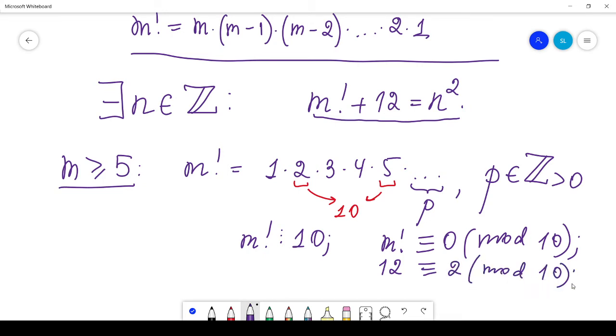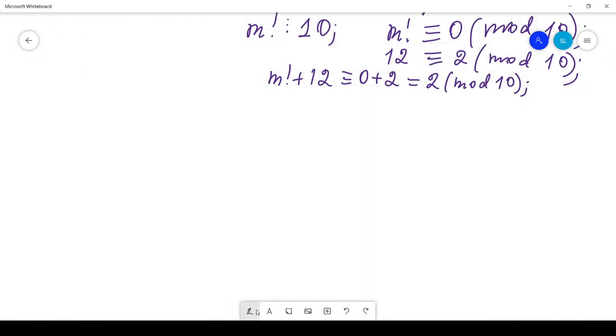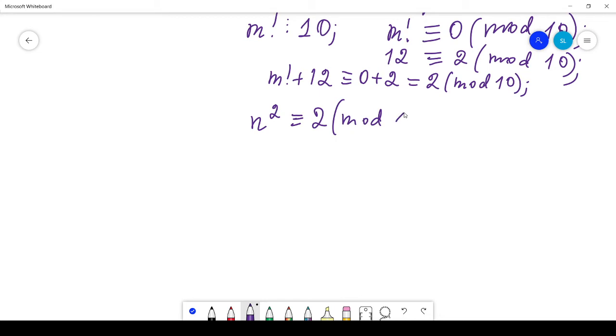And so the last digit of m factorial plus 12 will be, of course, 0 plus 2, which is 2. And as we know, this is n squared, so n squared is congruent to 2 mod 10, or 2 is the last digit of n squared.